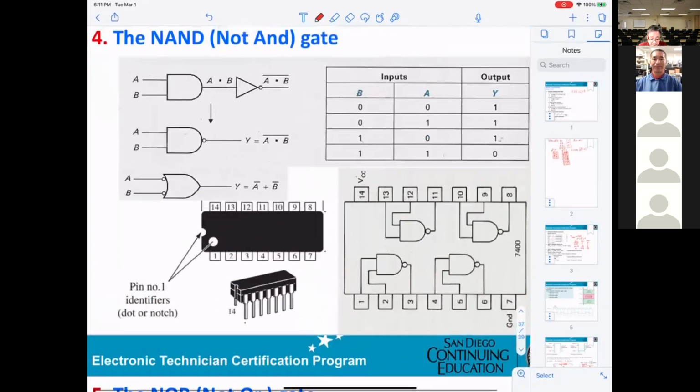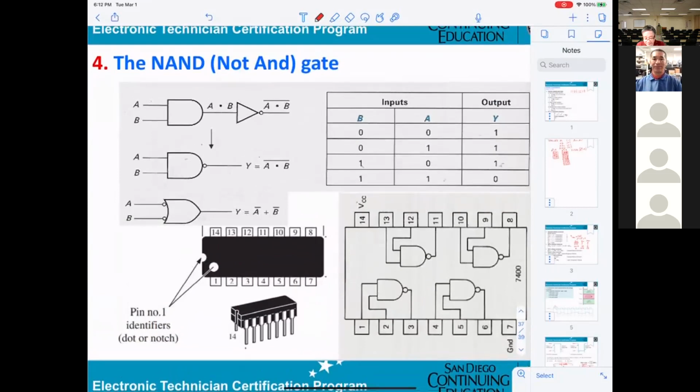Okay, and now here, NAND. So basically you can see, the IC will be the same thing for NOR, whatever here. You see the NOT here, that pin 1, 2, 3, up to 14. And this is the NAND. NAND means not AND.